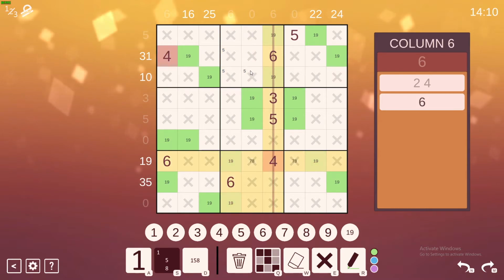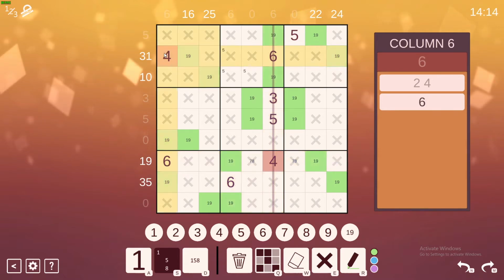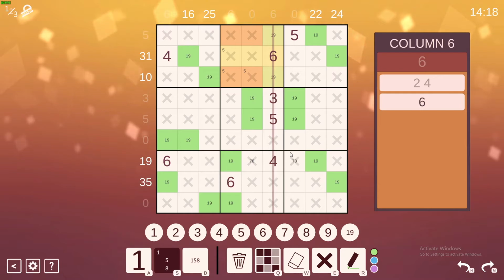This 4 tells me, well, this 4 more specifically tells me we have something in one of these. However, that's not too useful. So let's look for something else.